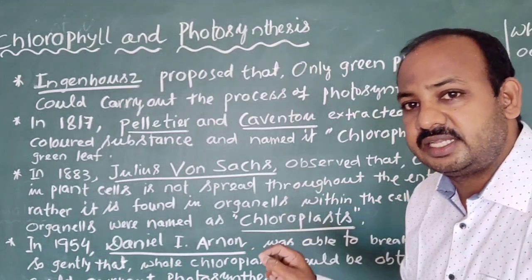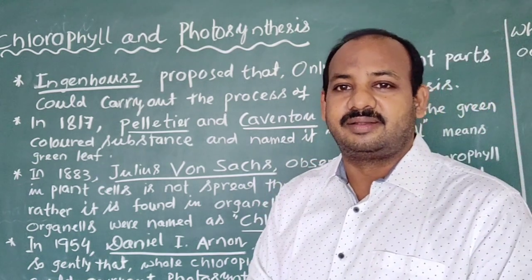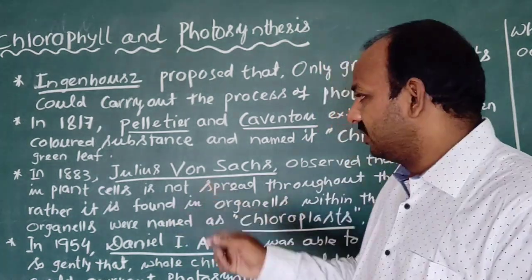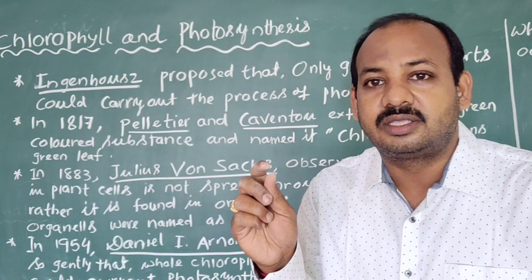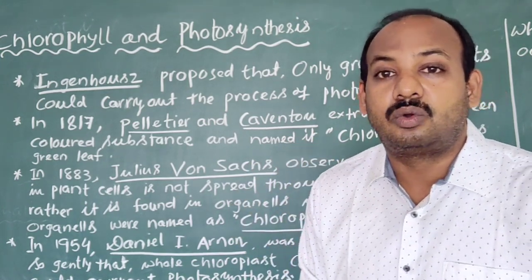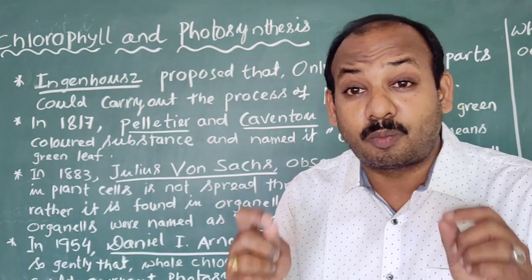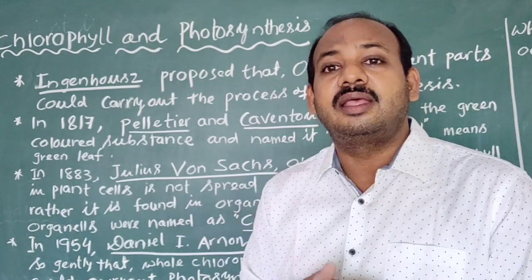Rather, it is present in specific cell organelles inside the plant cell. He named such organelles, where the chlorophyll pigments are present in the plant cell, chloroplasts. What is that, children? Chloroplast. Chloroplast is the cell organelle in which the chlorophyll pigments are present.